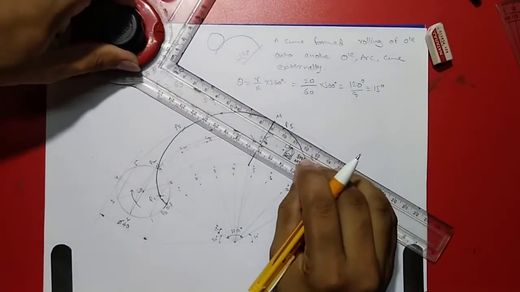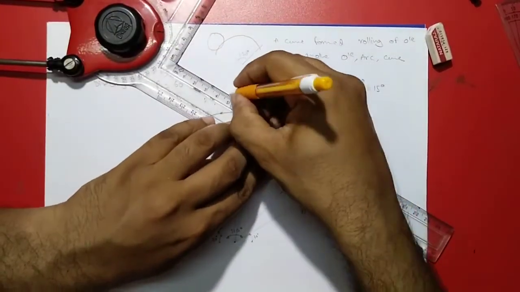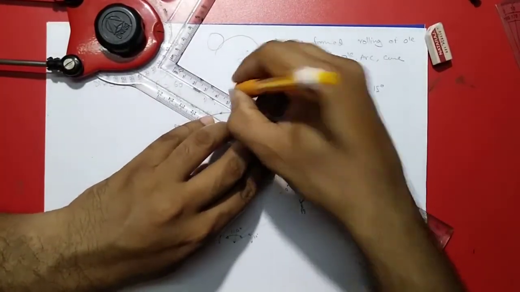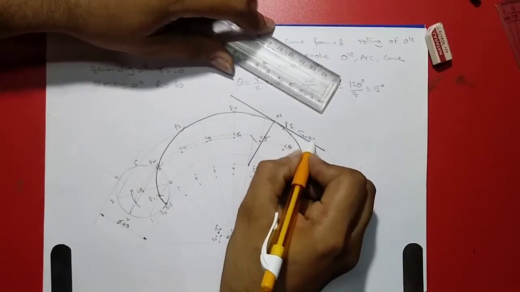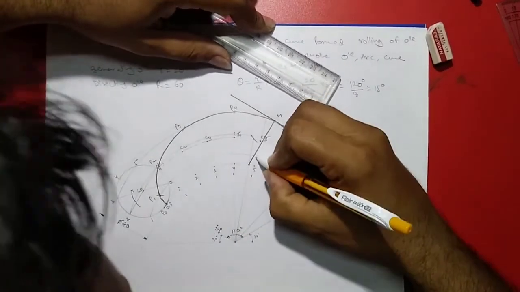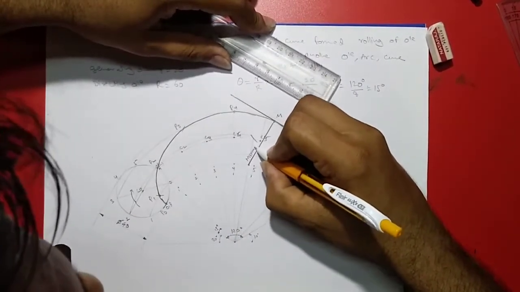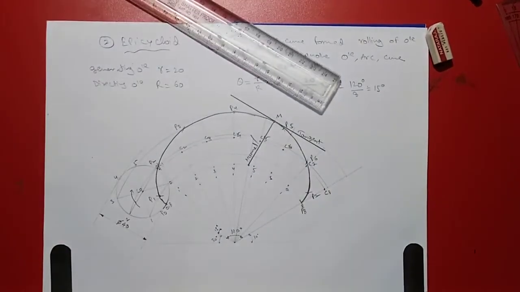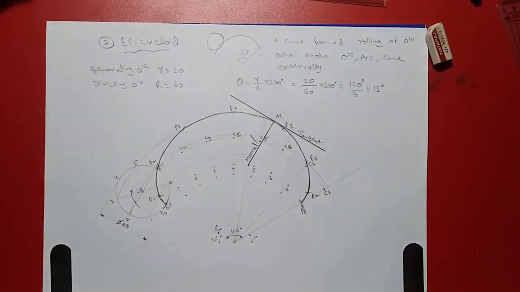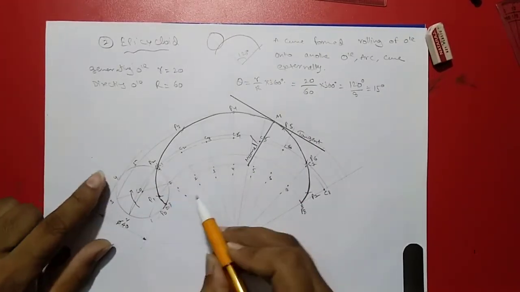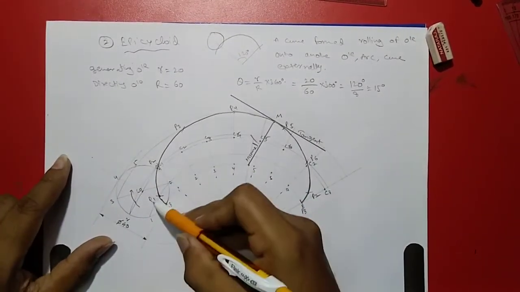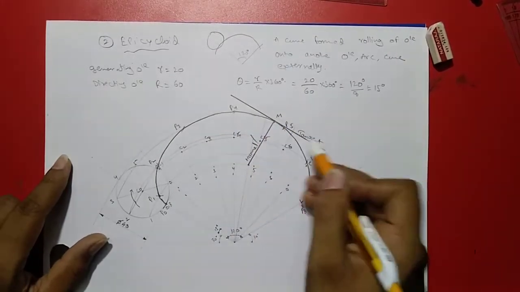And perpendicular to that would be your tangent. This is your tangent, and this would be your normal. This is the generating circle, this is the directing surface, this is the epicycloid curve, tangent, and normal.